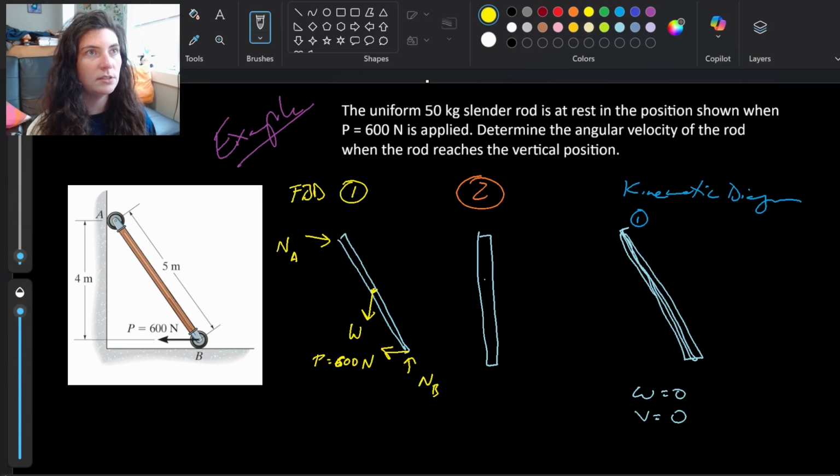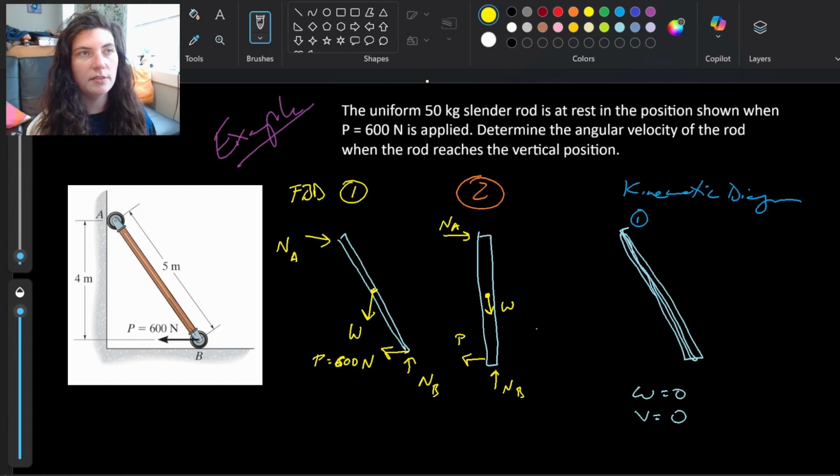We'll notice our weight still acts in the center, but that weight is now in line with the rod. The way that the rod has rotated and moved into that vertical position, the direction of the weight hasn't changed, but the way that it interacts with the rod has. We still have the normal force at B, we still have the applied force at B, and we still have that normal force at A.